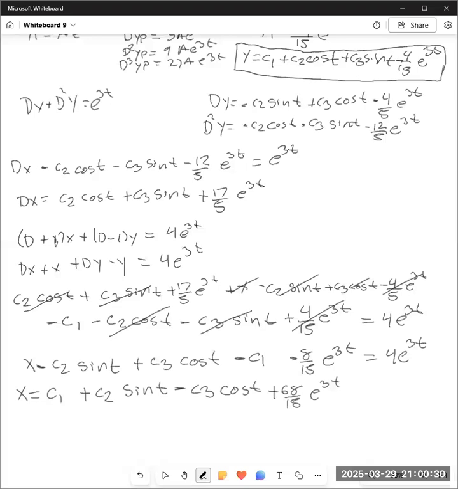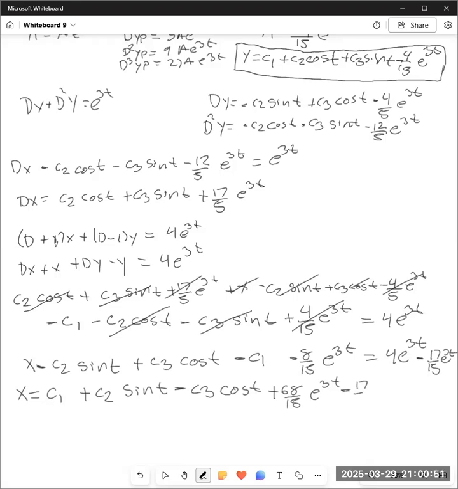So this comes over as minus 17 over 15 e to the 3t. There it is.